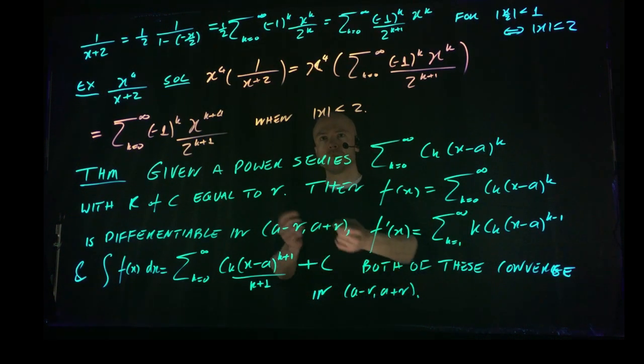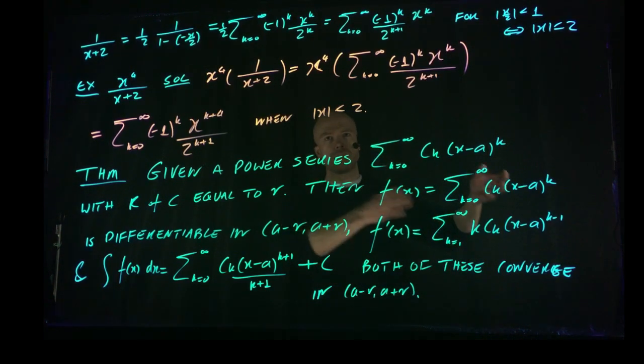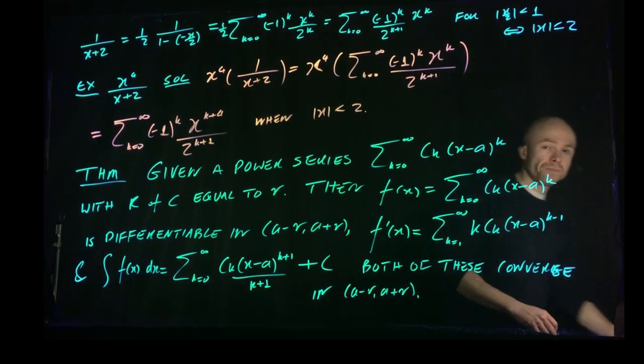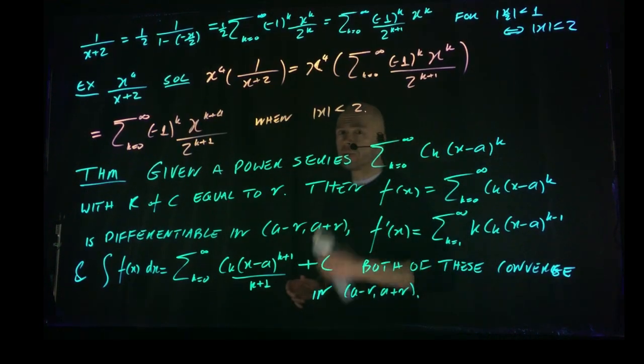And as we allow ourselves more and more terms, that error goes down to 0, and that's all there is. If you are feeling confident about this subject, try and prove this for yourself. You'll find it's not hard. All right, so with this theorem, we can do stuff that we previously couldn't do.